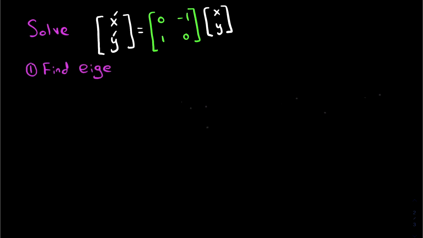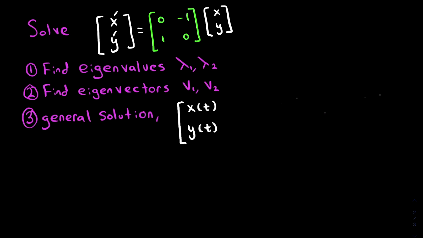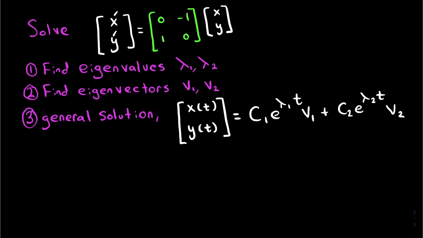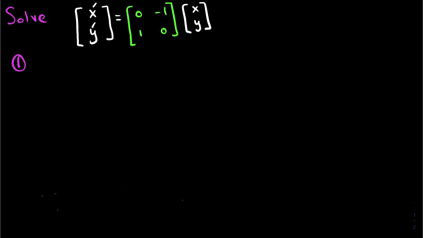First we find the eigenvalues, then we find the eigenvectors, then we have this formula for the general solution to the differential equation. Let's go through and solve this differential equation.